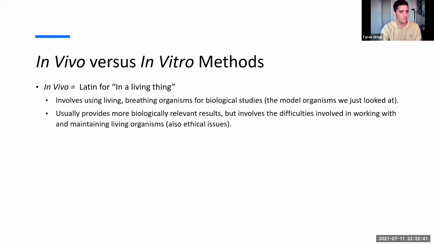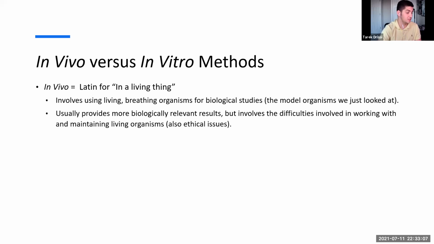Usually in vivo methods provide more biologically relevant results, of course, because we're looking at a real biological system that is not changed whatsoever. The interactions between the cells will all be the same as they are in nature. But of course, it involves difficulties with working and maintaining living organisms. So obviously, if you have living organisms in your lab, you have to feed them.